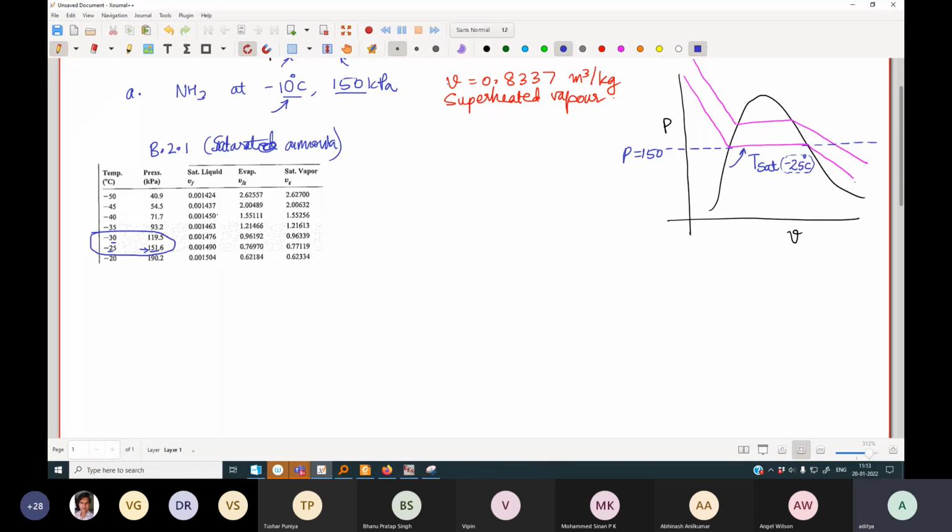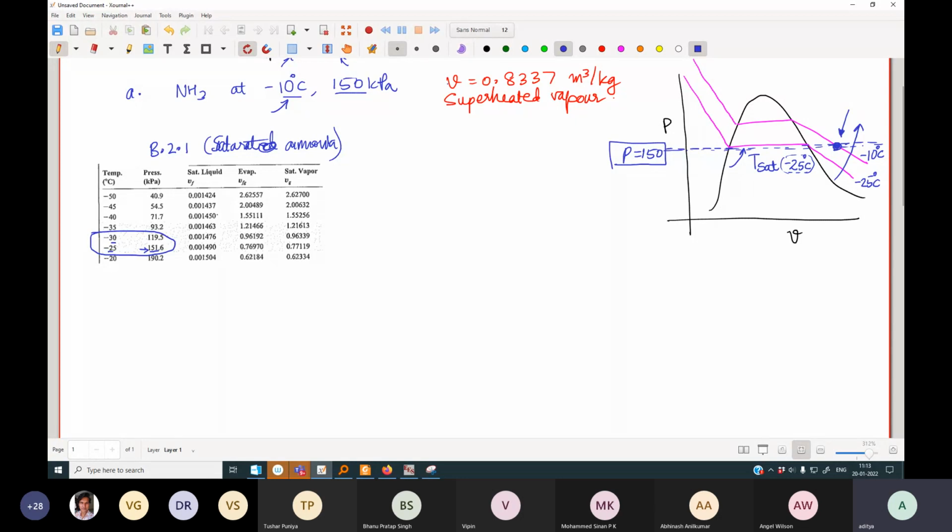So if this isotherm is minus 25 degrees Celsius, this isotherm could very well be minus 10 degrees Celsius, because as we go towards higher temperatures, the isotherms move upwards. Corresponding to P equal to 150 kilopascal, this horizontal line represents saturation, and this is the minus 10 degrees Celsius isotherm. So this is the point we would be looking at.